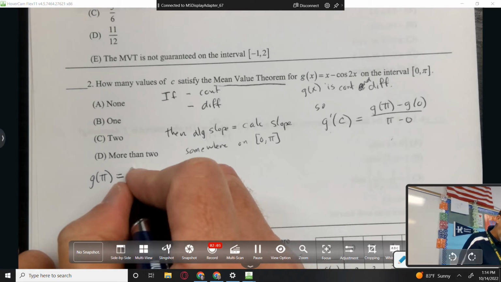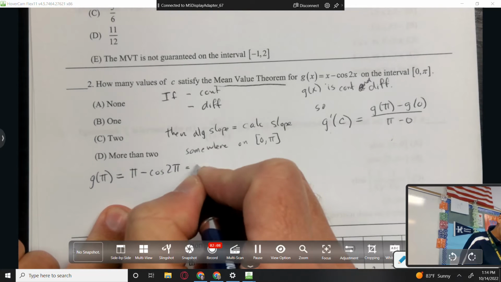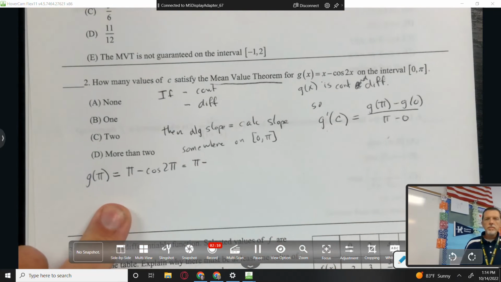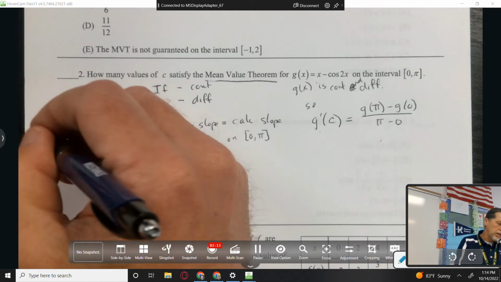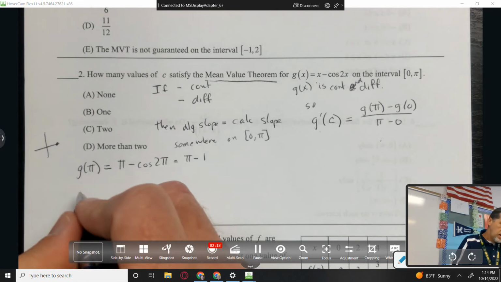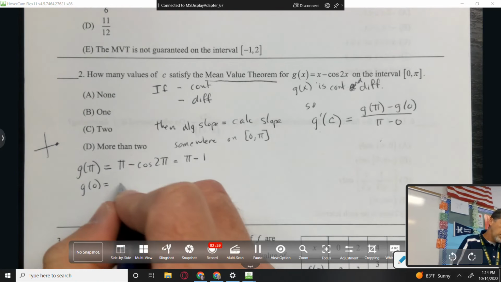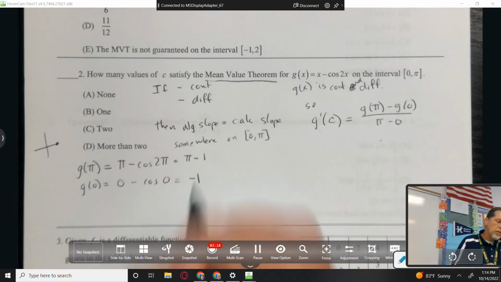g of pi is pi minus cosine of 2 pi. Cosine of 2 pi is 1. And g of 0 is 0 minus cosine of 0, which would be negative 1.